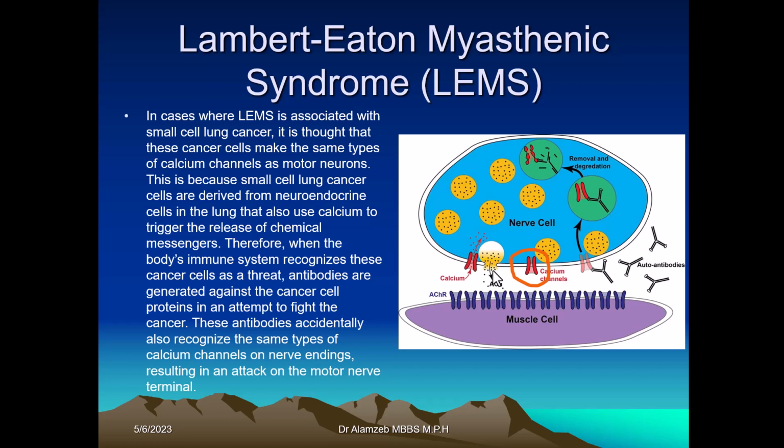In this condition, the patient presents like myasthenia gravis. But the difference between myasthenia gravis and Lambert-Eaton myasthenic syndrome is that if you present food to such a patient, the Lambert-Eaton patient will at first start slowly, but after some time he will take the food easily.